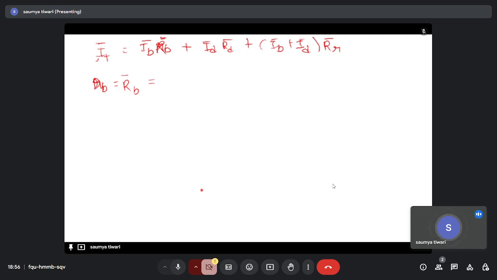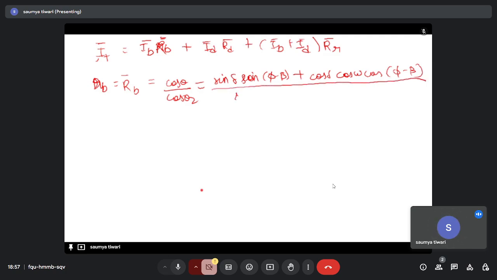We know that it is cos theta upon cos theta z. So cos theta is sine delta sine phi minus beta plus cos delta cos omega cos phi minus beta, upon sine phi sine delta plus cos phi cos delta cos omega.